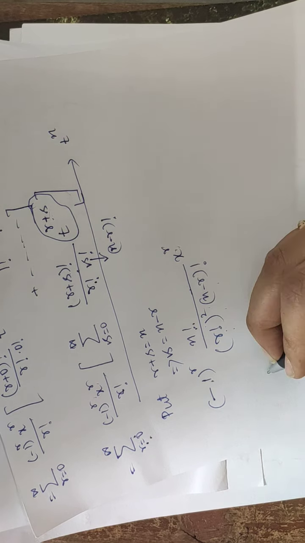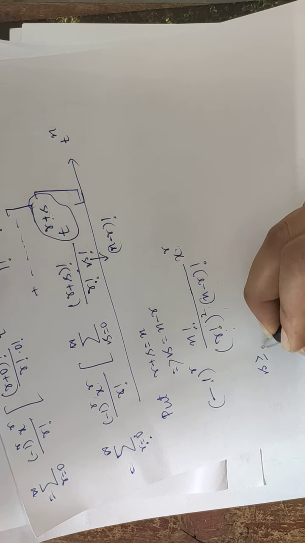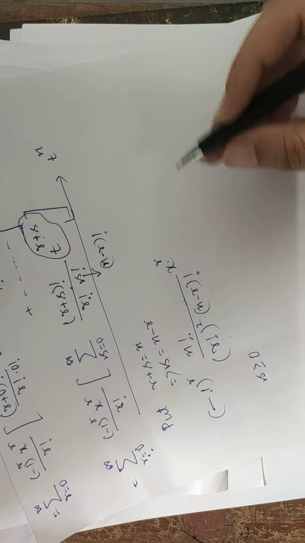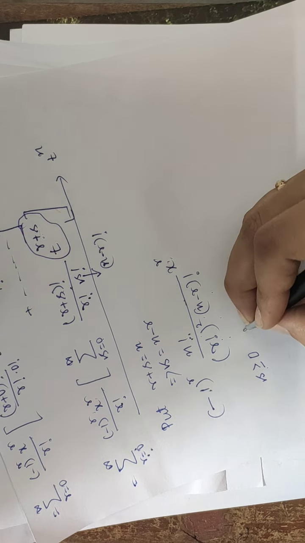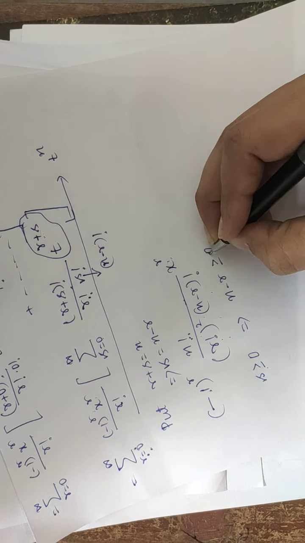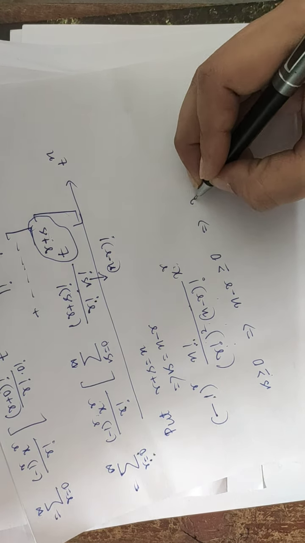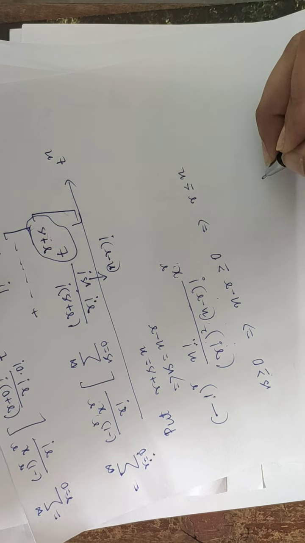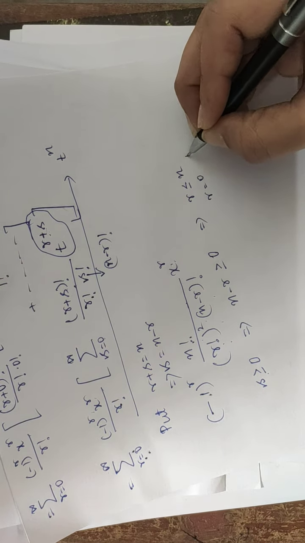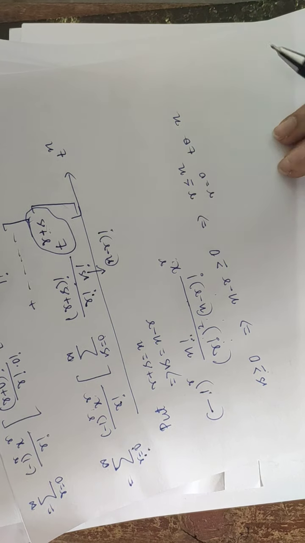Now we know that s will be greater than or equal to 0 from this summation part. If s is greater than or equal to 0, obviously n minus r will be greater than or equal to 0. This implies r is less than or equal to n. So your r is varying from 0 to n.